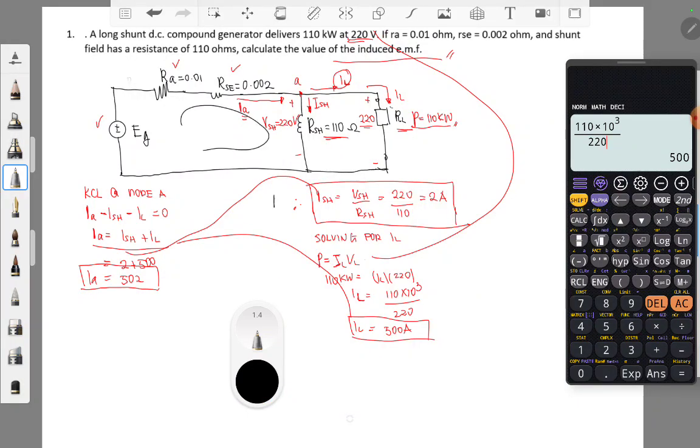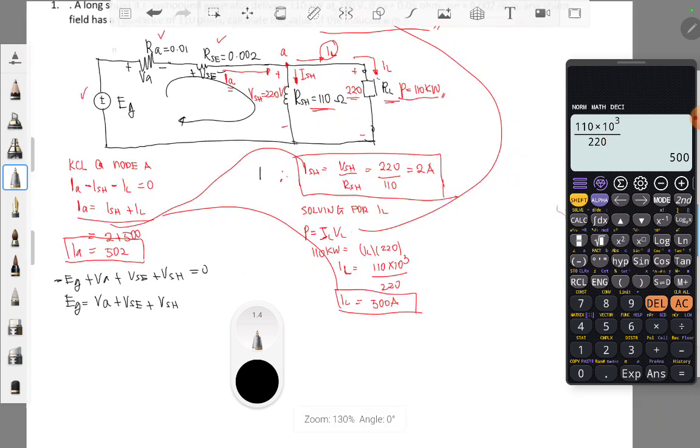Taking KVL at this mesh, we'll have negative EG plus the voltage in my RA, which is my VA, plus the voltage in my RSE, which is my VSE, plus my voltage VSH, equal to 0. So therefore, what is my EG? EG is of course equal to VA plus VSE plus VSH.